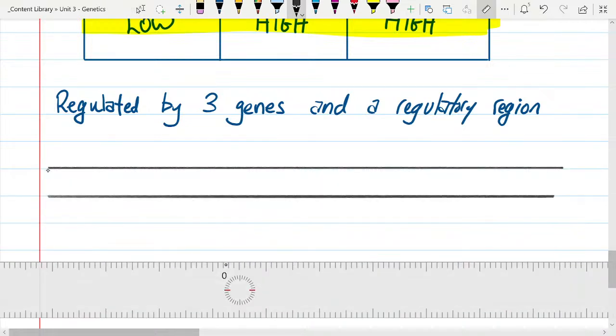Okay, so this is going to be our strand of DNA. And there are 3 genes that code for things. Those genes are called LAC-Z, LAC-Y, and LAC-A.